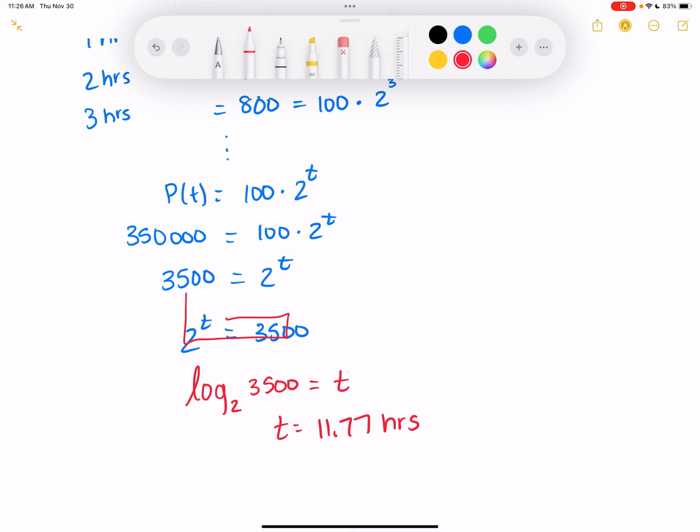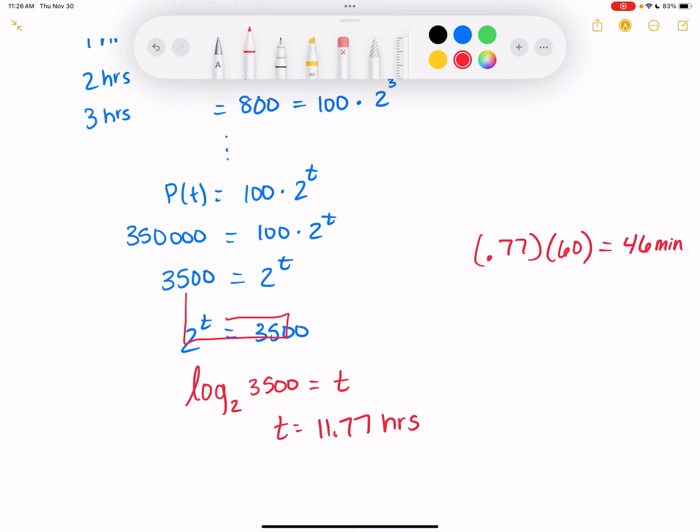So we take this 0.77, so we know what 11 whole hours looks like, we're good. We just need to know how many minutes that 0.77 is. So we have 0.77 hours, and we multiply that by 60, because that's how many minutes are in an hour. And what does that give you? 46.2. Okay, so we're just going to say 46 minutes, basically.